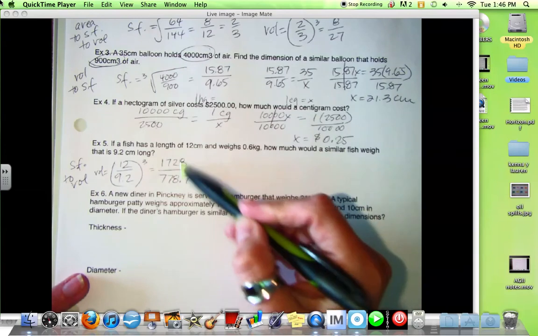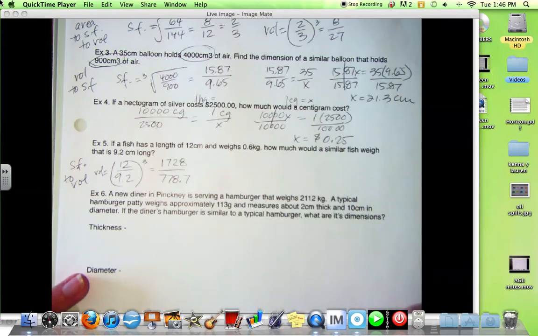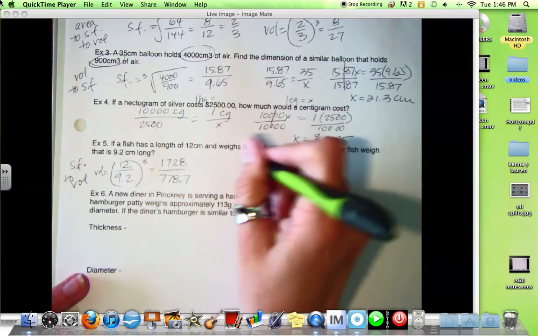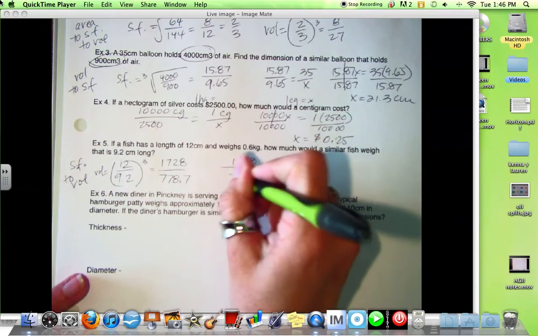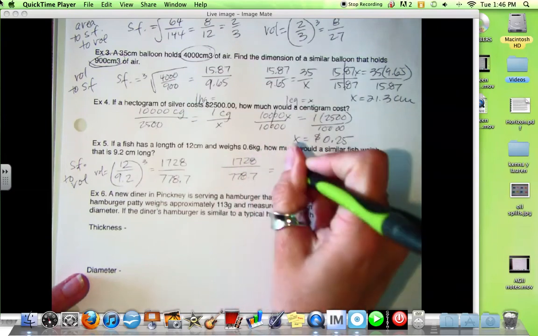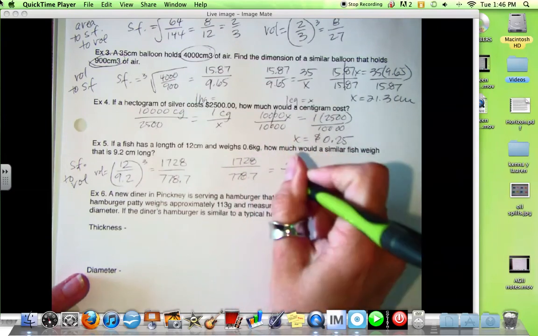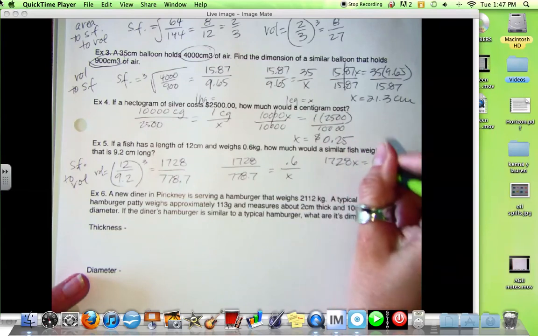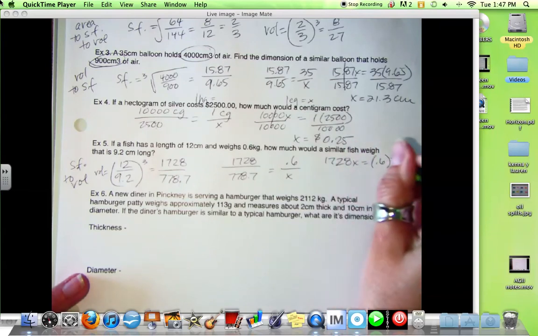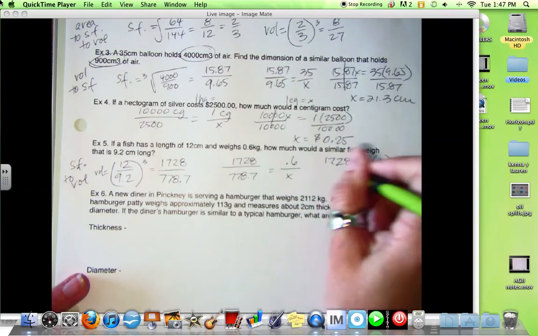All right, so I have my ratio of volumes. What am I going to do with this? So 1728 over 778.7 equals 0.65 over x. So 1728 times x equals 0.65 times 778.7.